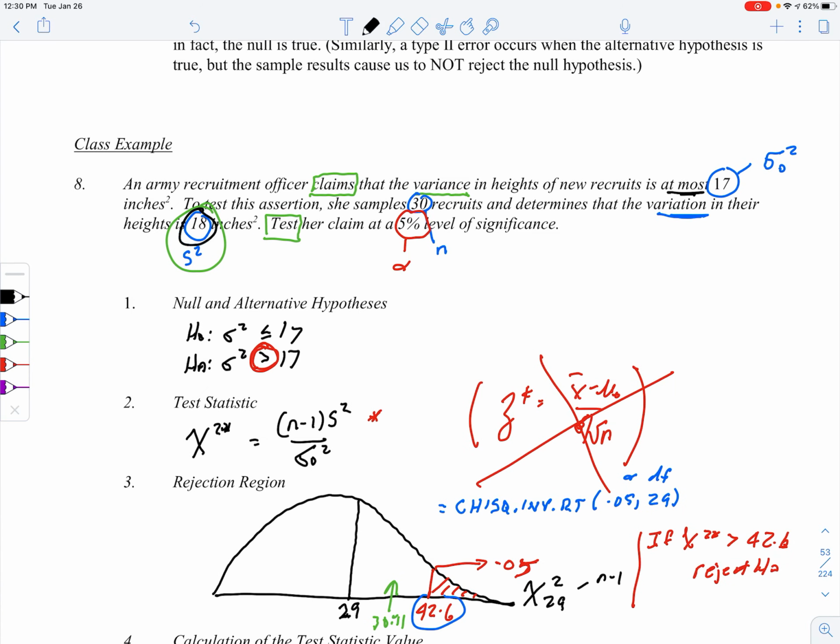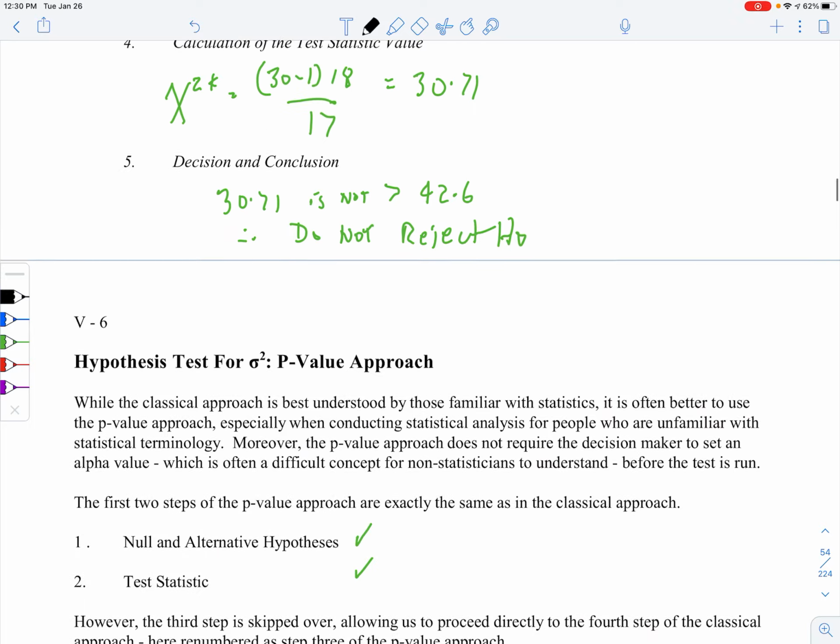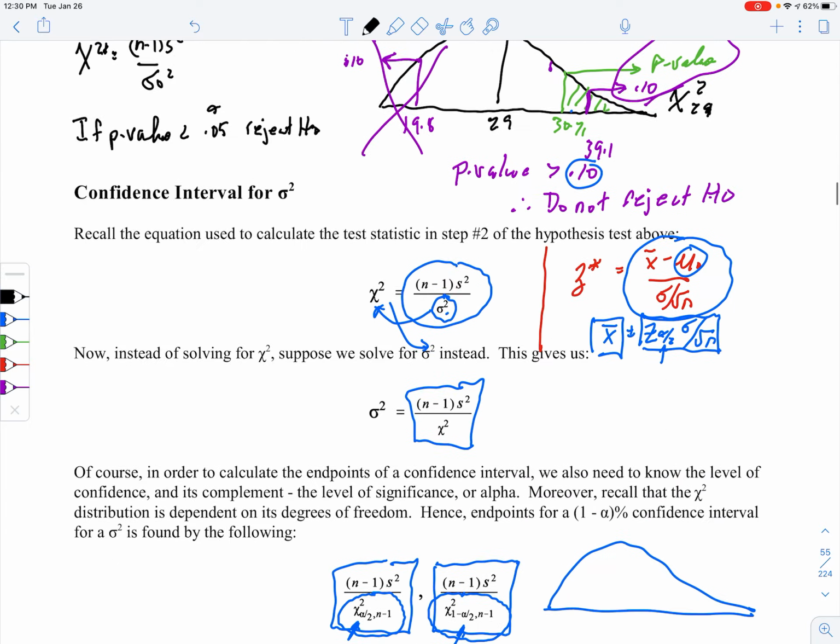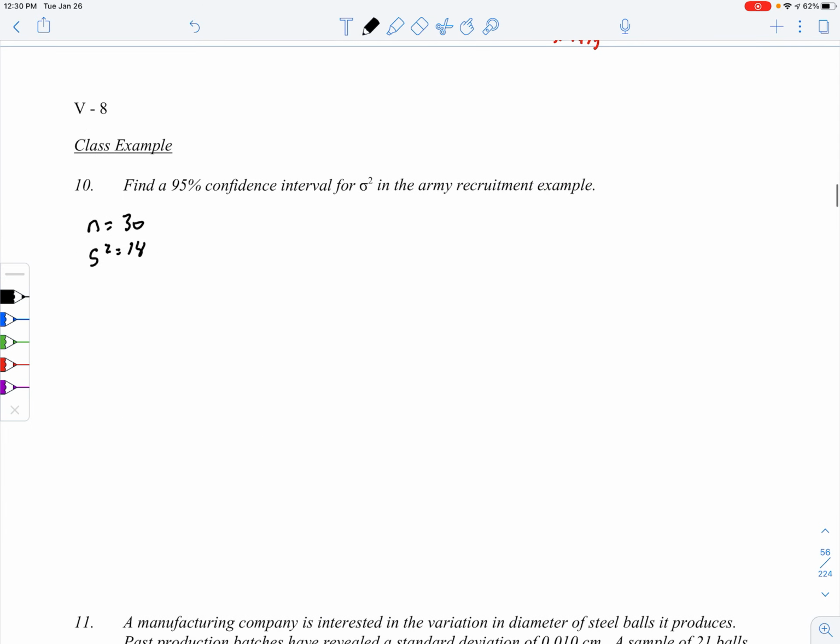Okay, so there's the 18, and there is our n of 30. And we're going to use an alpha of 5%. Actually, it tells our level of confidence down here anyway, so we're looking at a 95% level of confidence. So alpha will be equal to 0.05, and alpha over 2 would be 0.025.